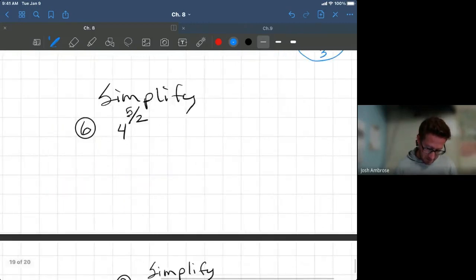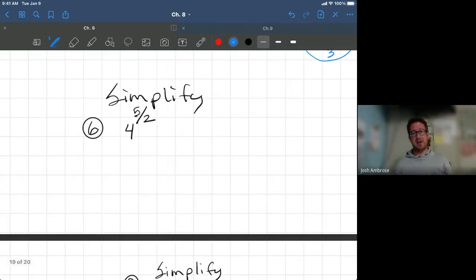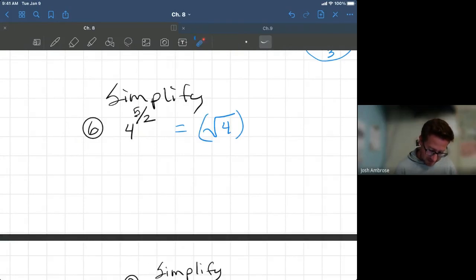All right, move on to number 6. Simplify. This is a fractional exponent. You always start with the denominator number. If it's a 2, that means square root. If this were a 3, it'd mean cube root. If this were a 4, it'd mean fourth root. So we're going to rewrite this. It's a 2, so that means square root of 4. Put it in parentheses, and then take that answer to the 5th power.